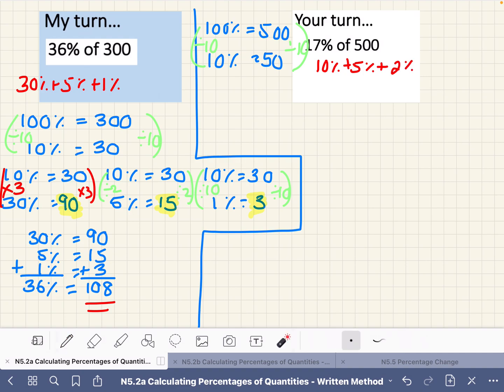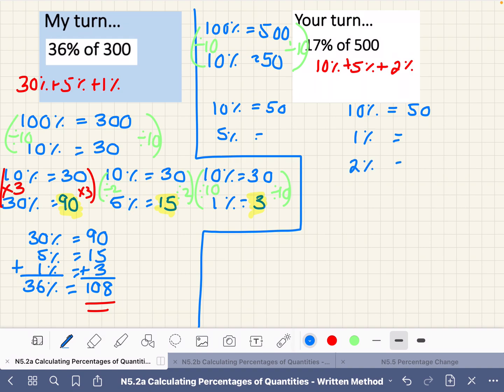We're going to use the 10% to help us out, where we can say 10% is equal to 50, and we would like to work out what 5% is, and also 10% is equal to 50, and we would like to work out what 1% is, and from the 1%, a 2%.